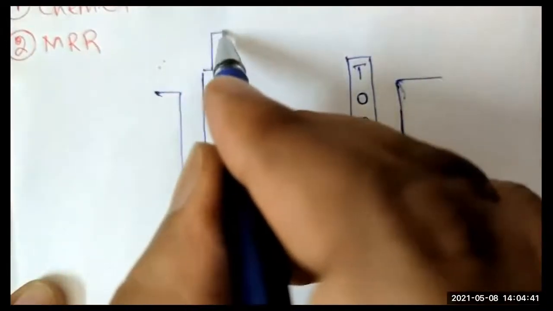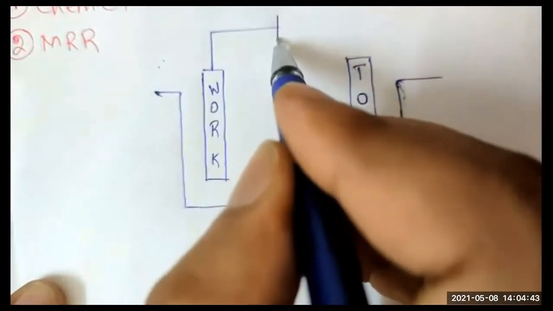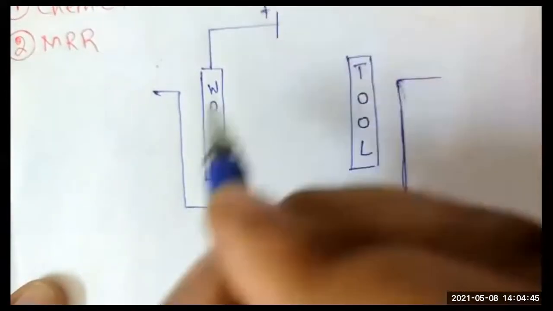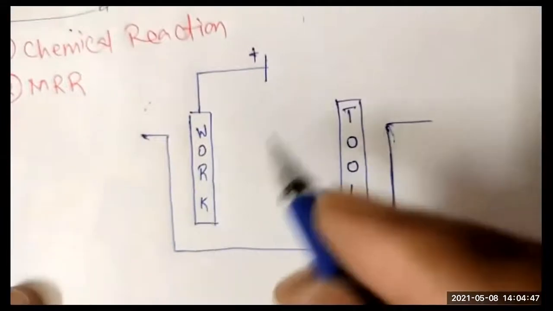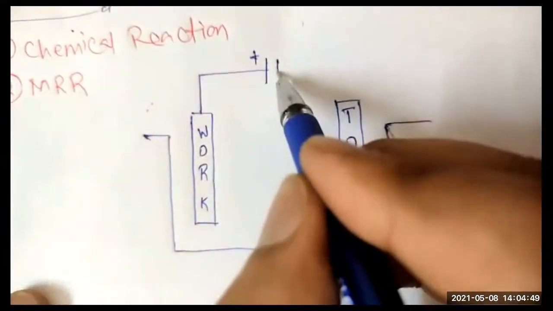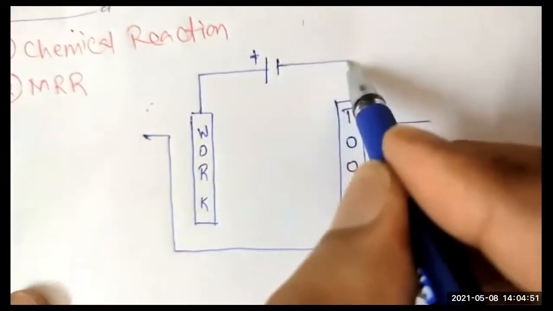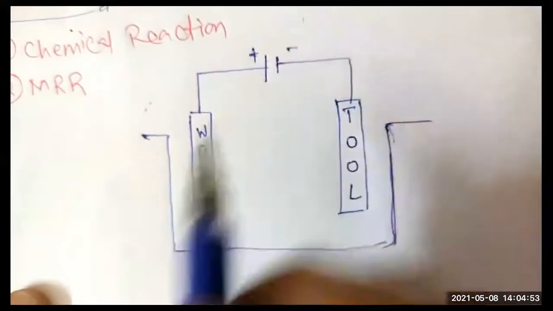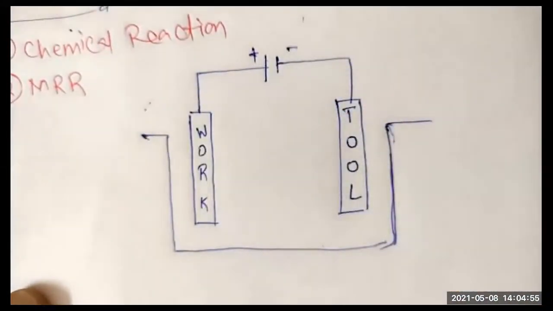The workpiece is connected with the positive terminal of a DC power source, and the tool is connected with the negative terminal of a DC power source.